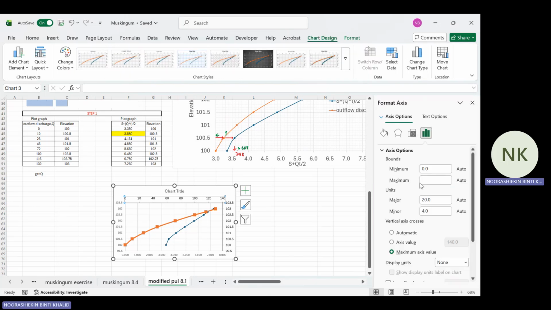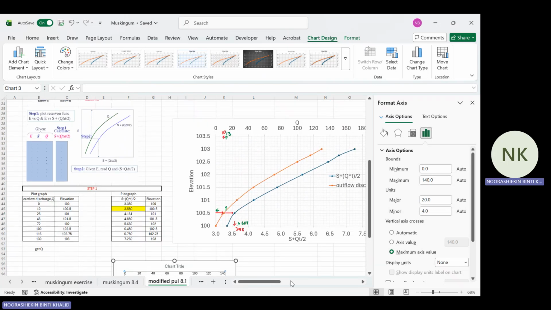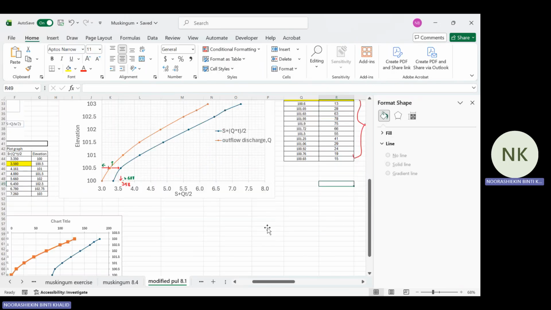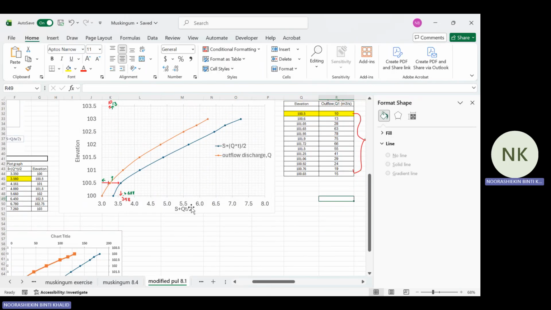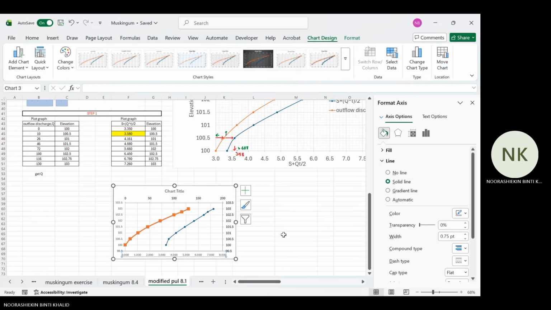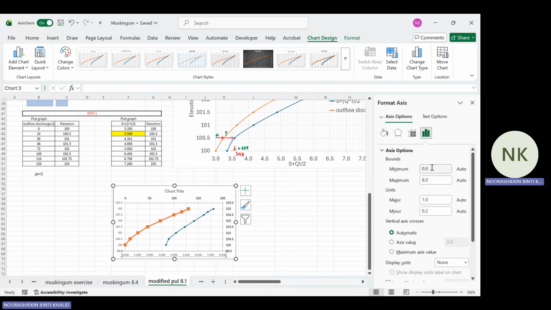You have to change 0 to 200, for example. Then another one, 3 to 8.